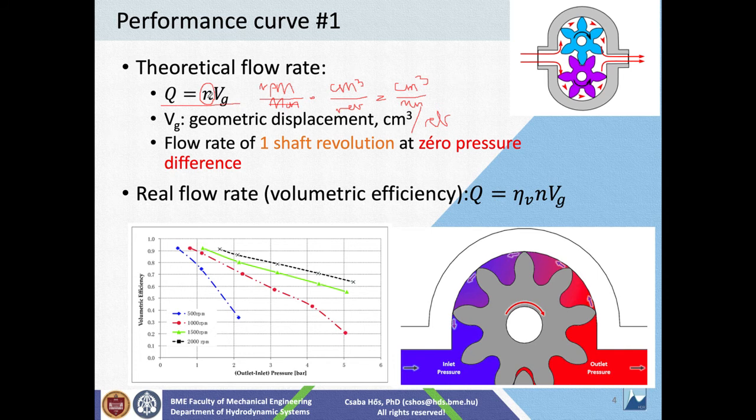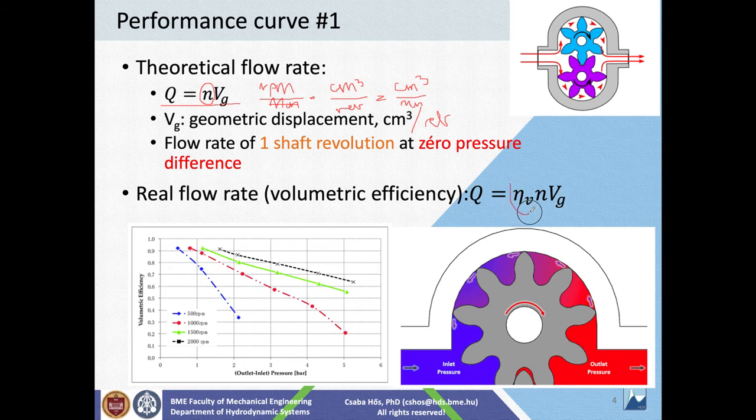The higher the revolution number, the higher the flow rate will be. Now this geometric displacement is nothing else but the flow rate of one shaft revolution at zero pressure difference. So you make one full revolution at the shaft of the machine, and then you simply measure how much fluid it conveyed. It's important to have it at zero pressure difference because the real flow rate is smaller than this.